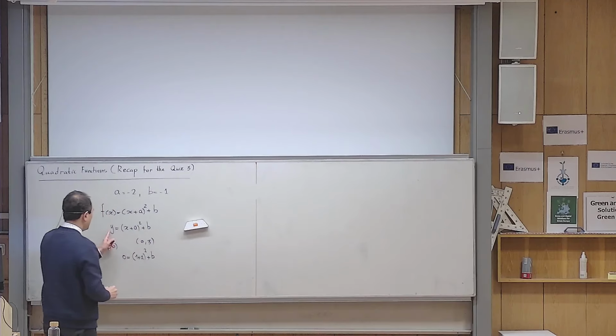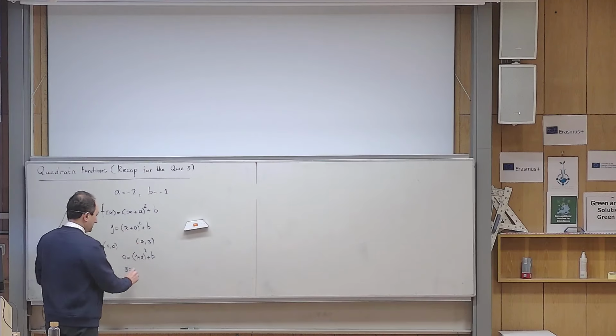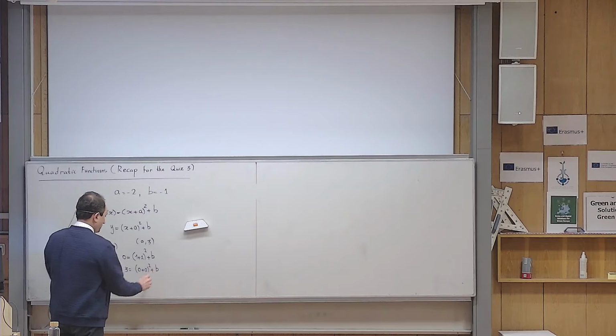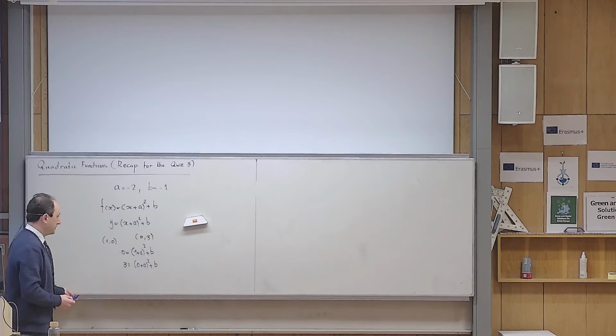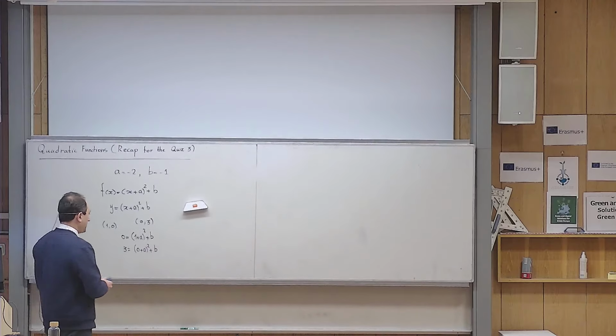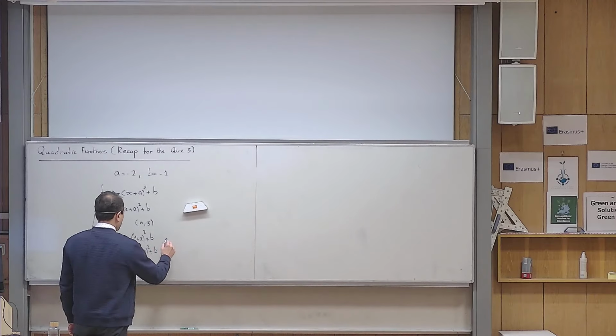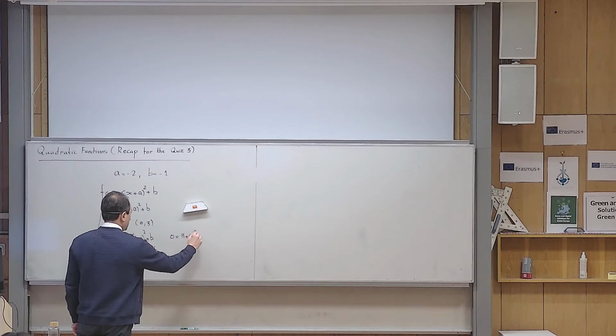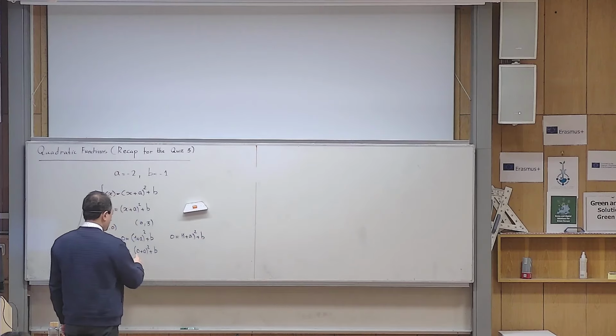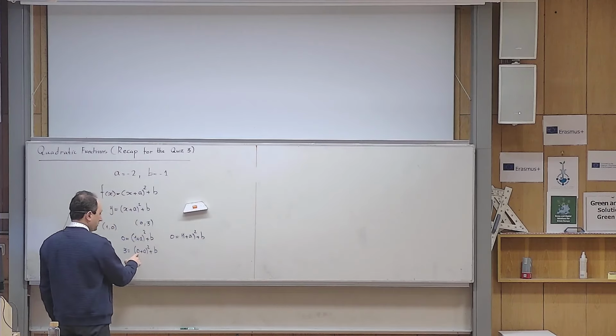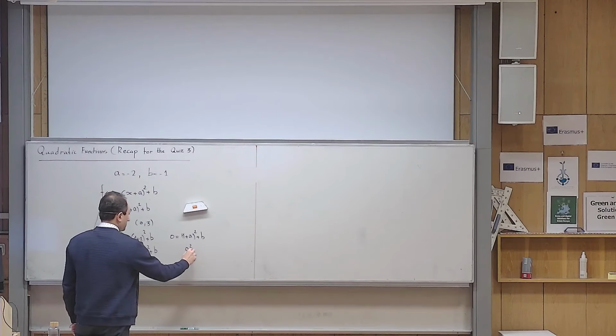It means that if I replace y with the y value and x with the x value, then that also should work. So what happens? Here I have 0 equals (1 plus a) squared plus b. And here I have a squared, because a plus 0 is a, squared, plus b is equal to 3.